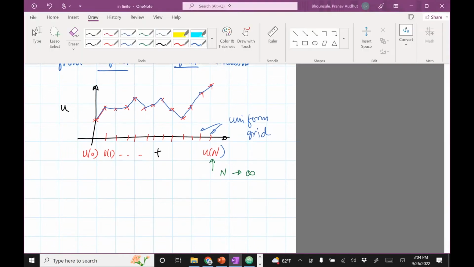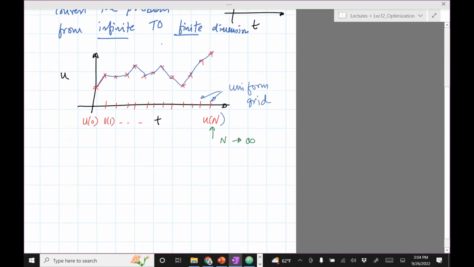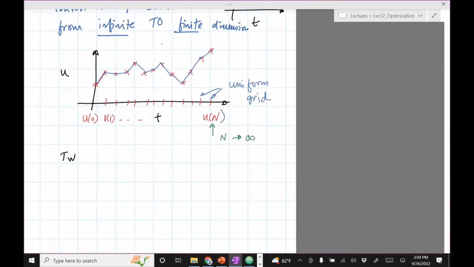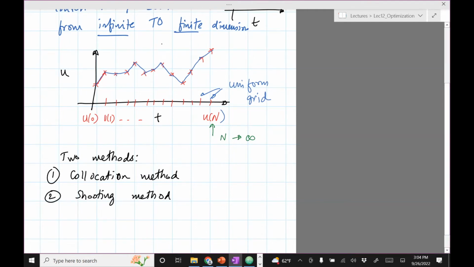Now, I'm going to show you two methods to solve this. One is what is known as the collocation method. The second approach is called the shooting method. If you read papers on optimization, you'll see in passing, this was solved using the collocation method.